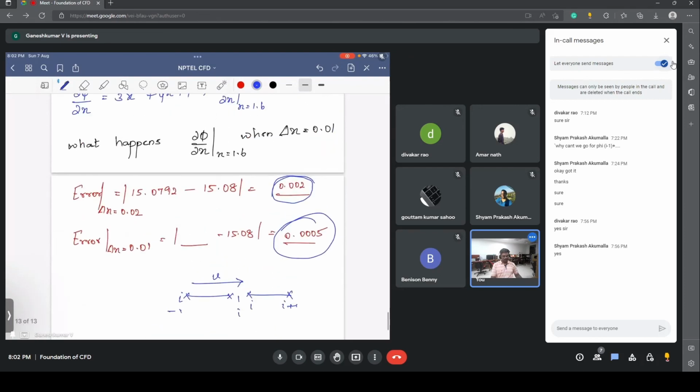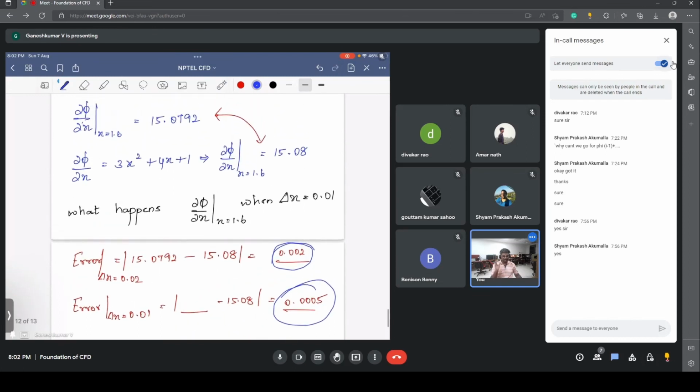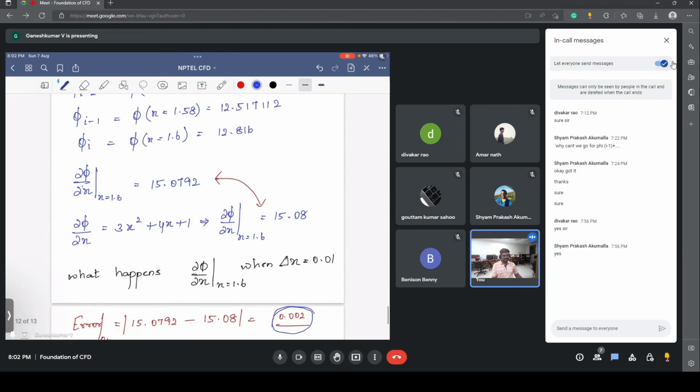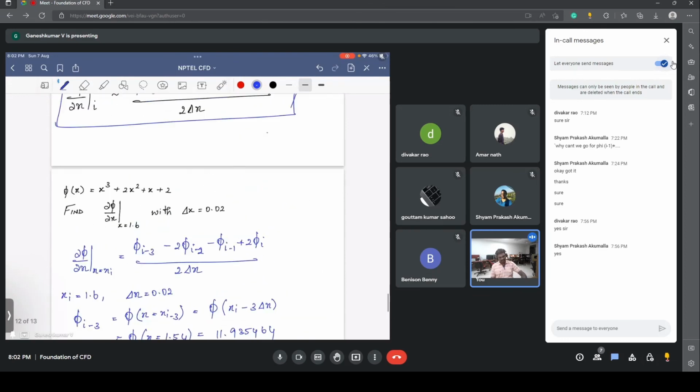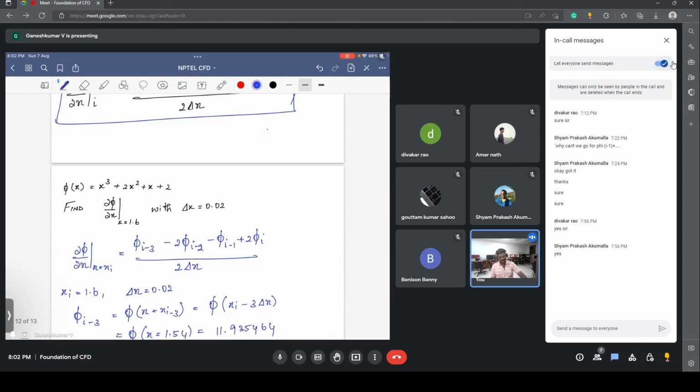The only thing for now you should know is what the physical significance of the order is, and how the discretization schemes work. For example, if you take phi of x, we know it's a polynomial function.